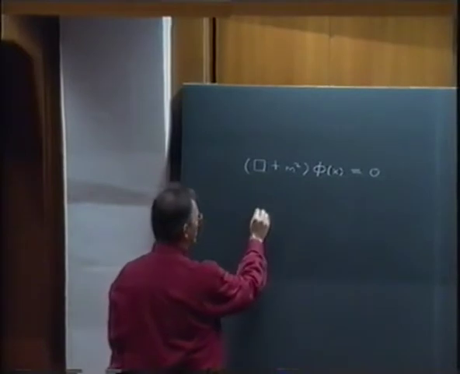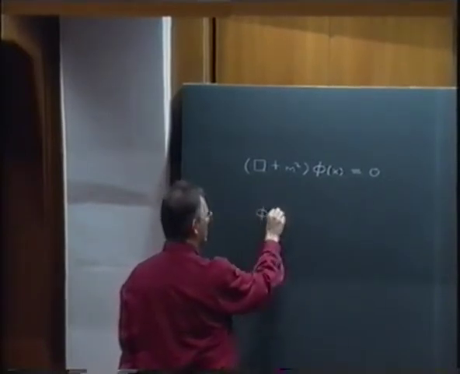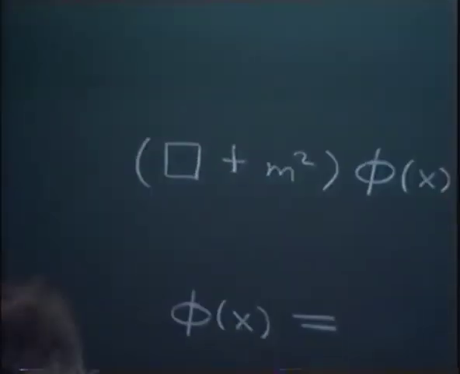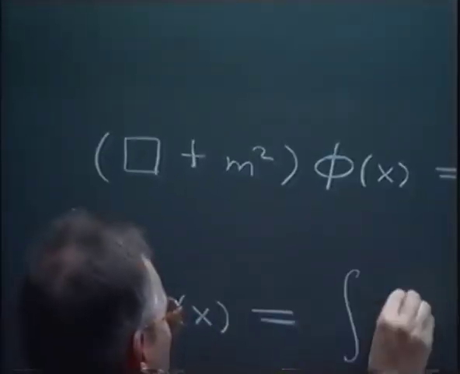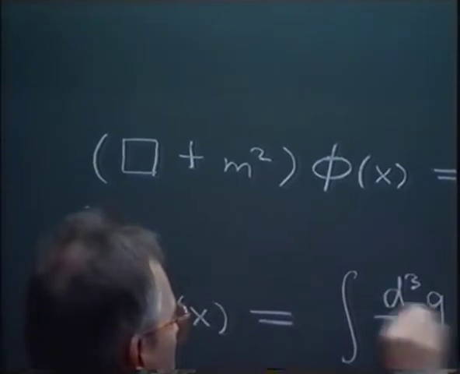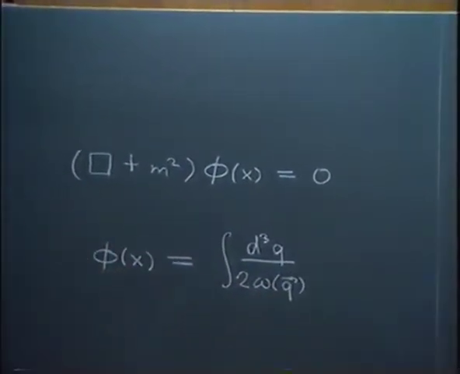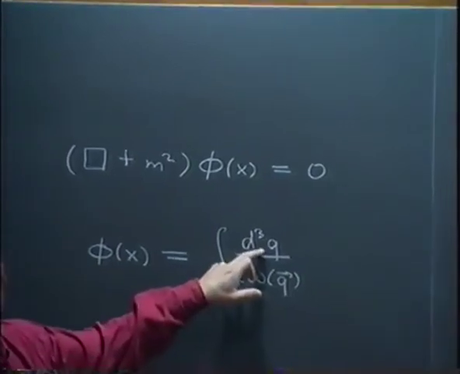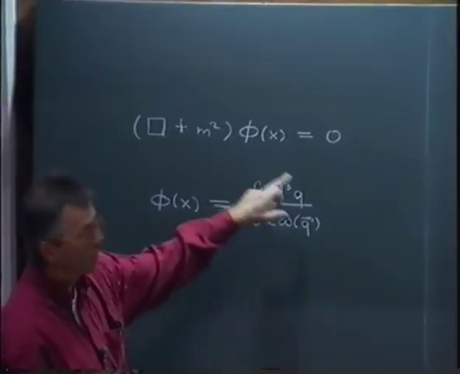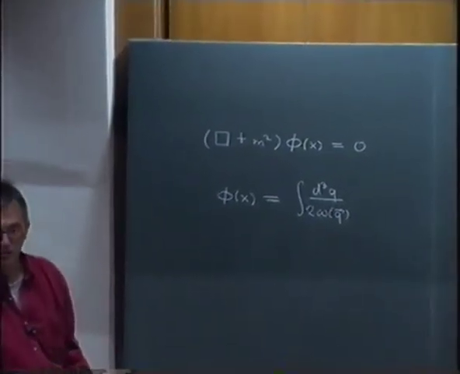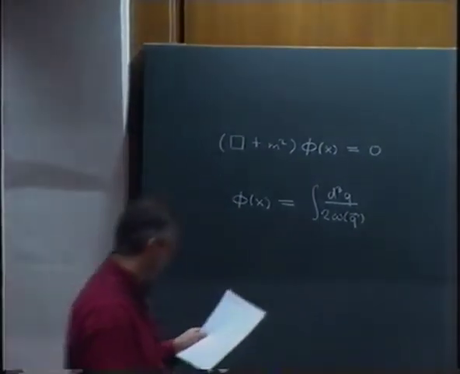First of all, you solve this equation classically. So you write this in terms of a Fourier transform. So you Fourier transform this field. You integrate over 3-momenta with a volume element which is Lorentz invariant with respect to the 4-dimensional symmetry group.